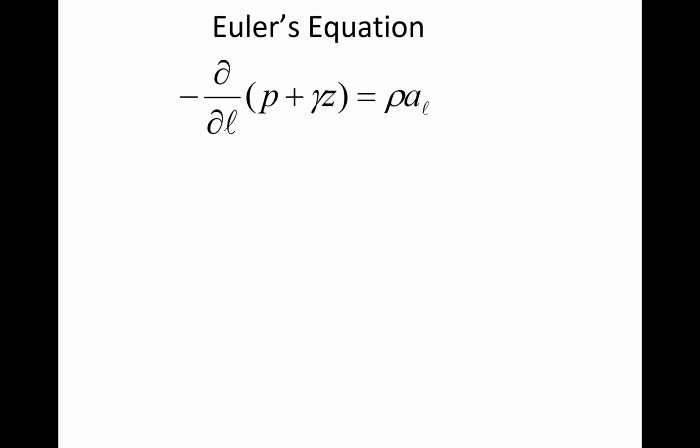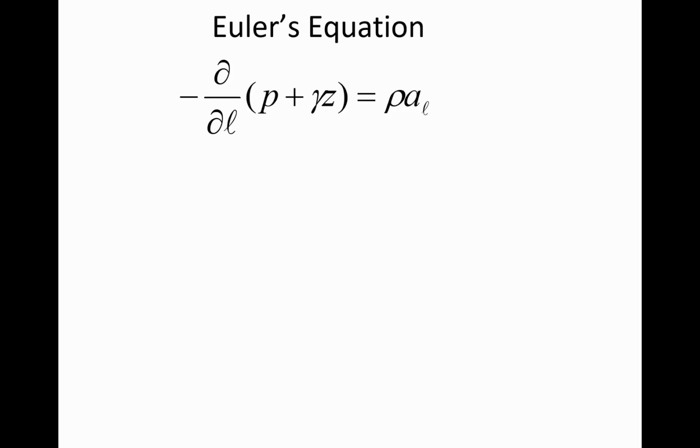So this is Euler's equation. And on an exam equation sheet, this is the form of it that I'll provide. But what you have to be able to do is know how to expand out this formula and apply it between points.